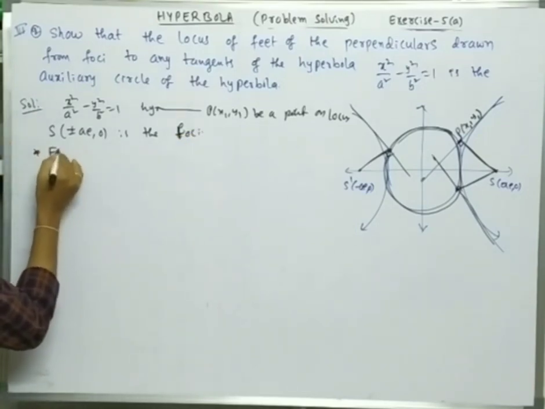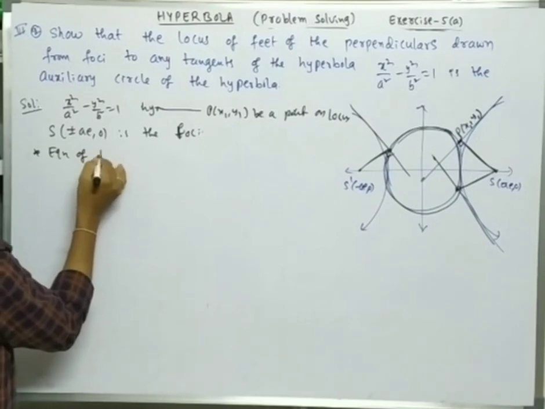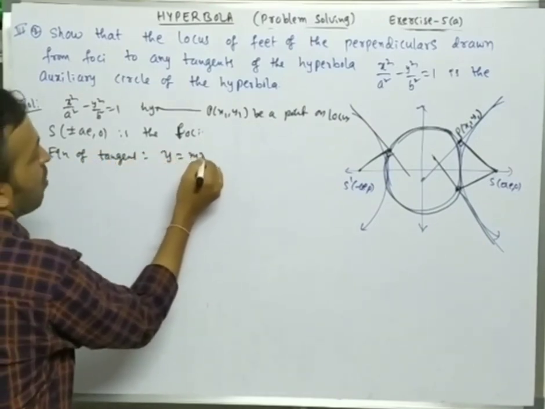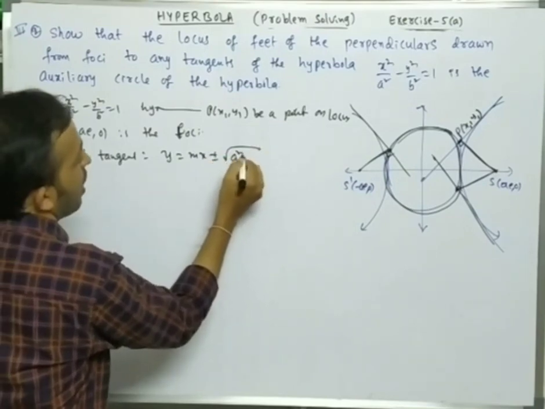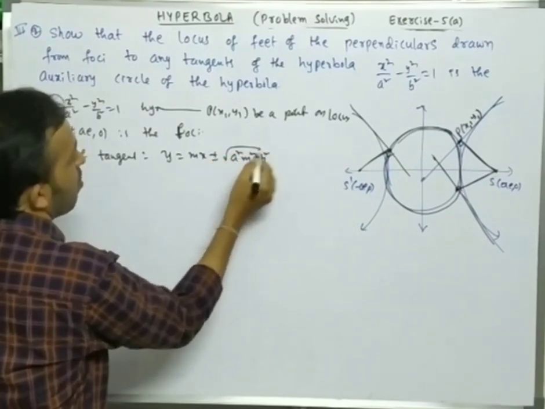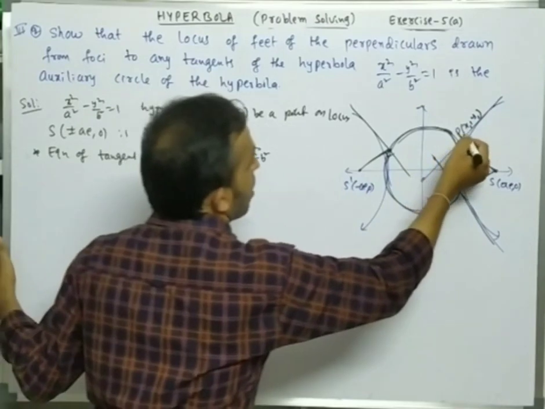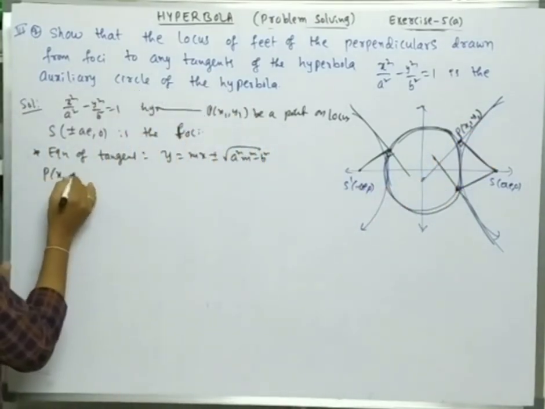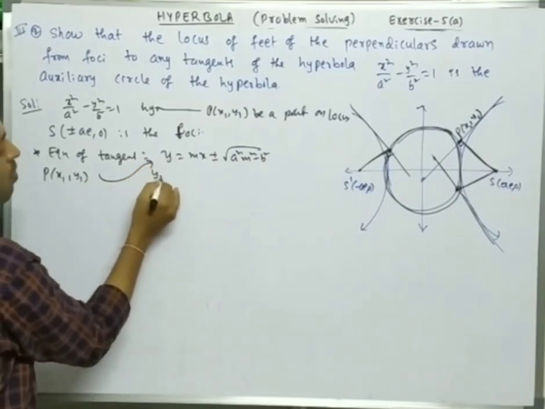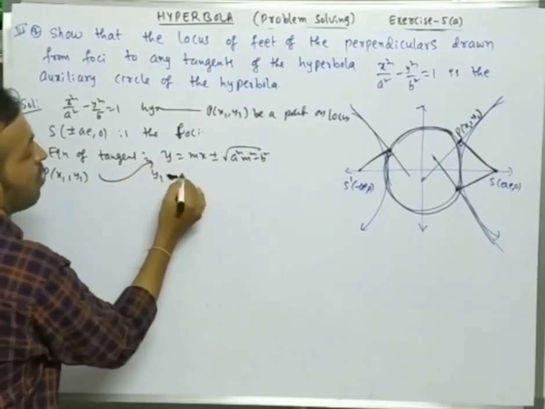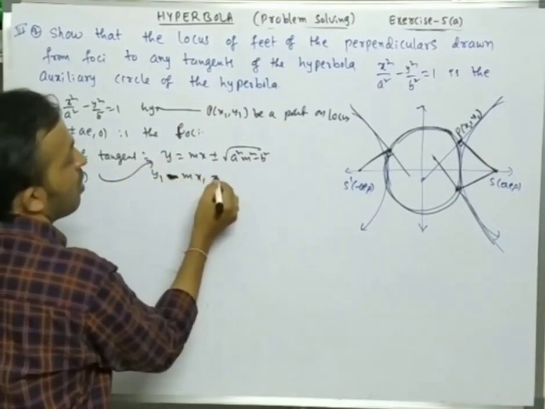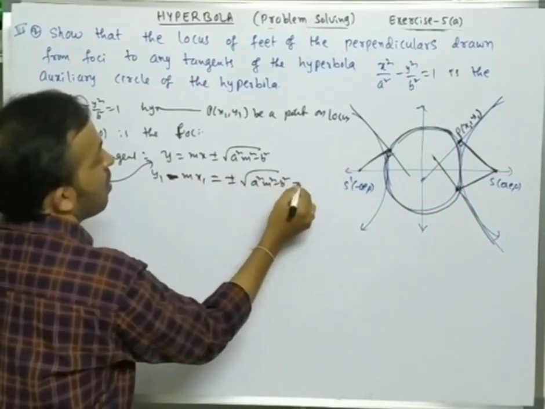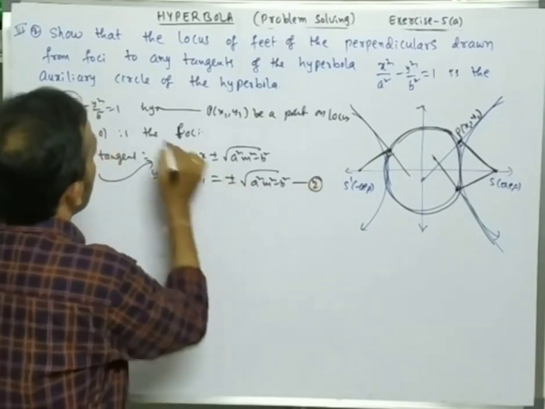So what is the equation of tangent? y is equal to mx plus or minus under root of a square m square minus b square, slope form, and P(x1, y1) lies on this tangent. So therefore y1 minus mx1 is equal to plus or minus under root of a square m square minus b square, equation number 2.